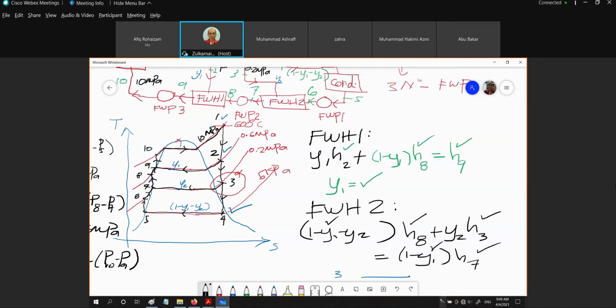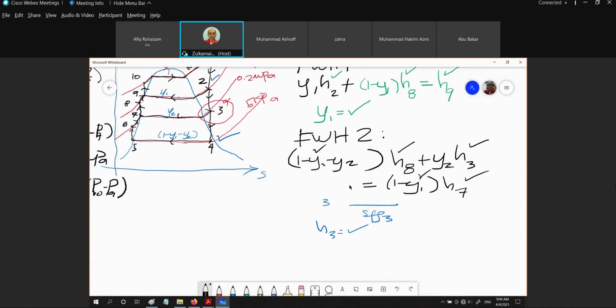So this should solve our Y2. By looking at the feed water heater number 2, we are solving for Y2.